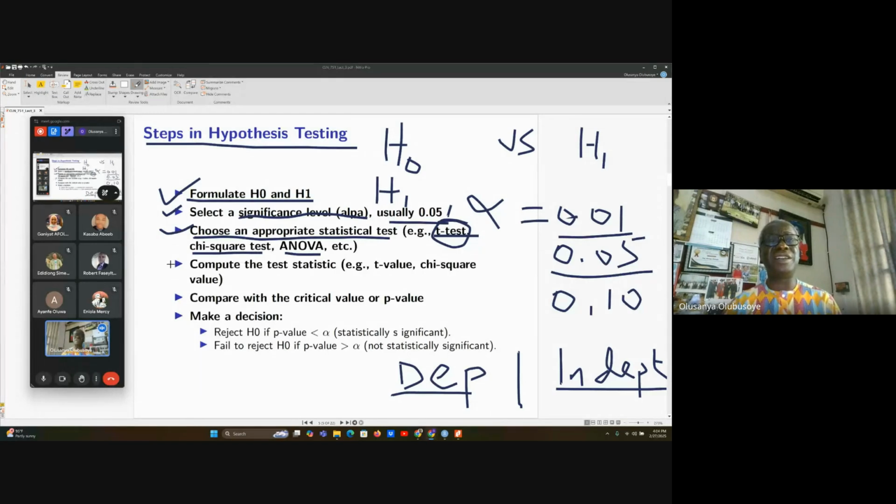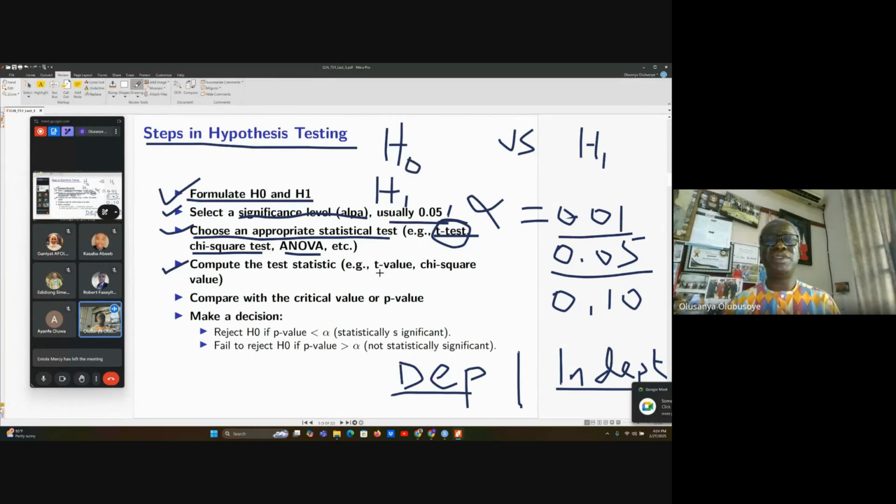Now, what's the third step? After we have chosen the t-test, then the third step is to compute the t-value.